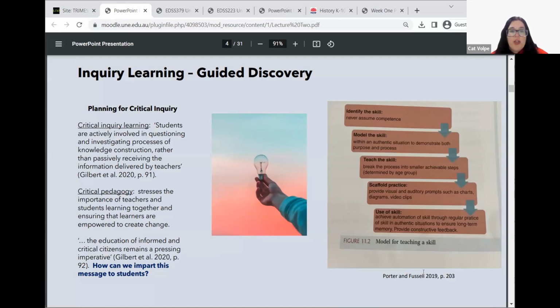Every time you do a learning activity, there will be some type of skill that students need to have in order to complete it. And every student will be at a different sort of level of understanding how to complete the activity with that skill.